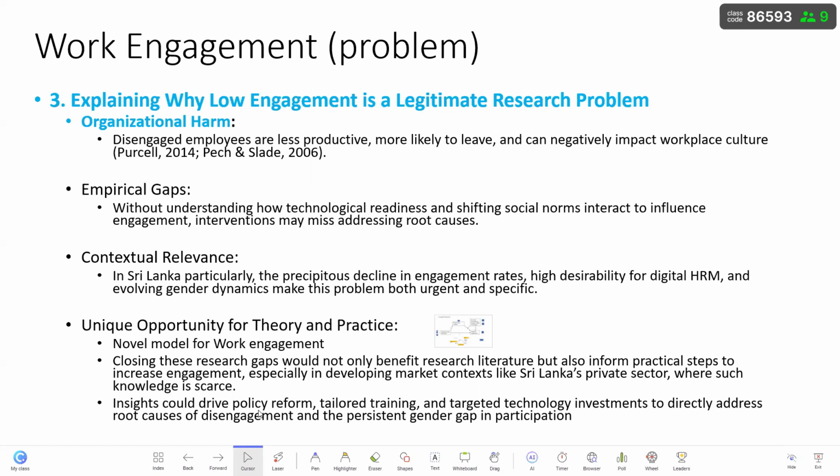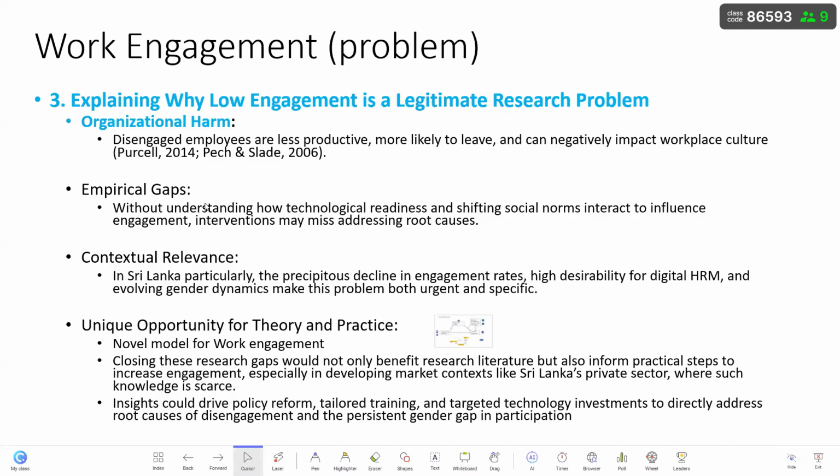How policy may be reformed, how training can be done, how technology vendor companies can use this finding, right? So those things can be revealed. So this is how you can create a sound problem paragraph or problem for your research.